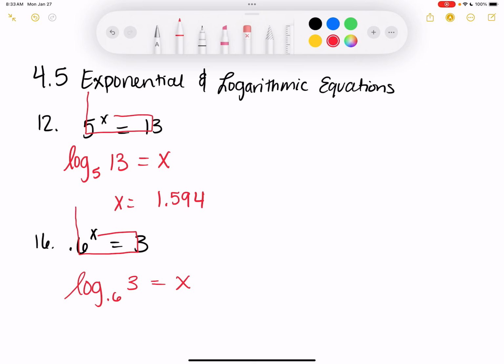And then we just type that one in. And this gives us x is equal to negative 2.151. And I'm rounding, obviously, on these numbers. They're not coming out to these perfect 3-spot decimals.